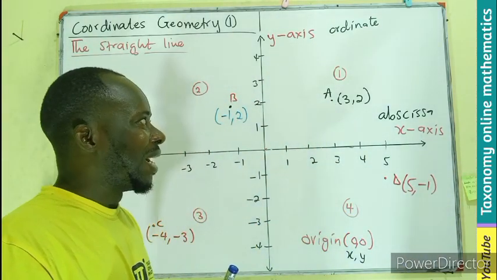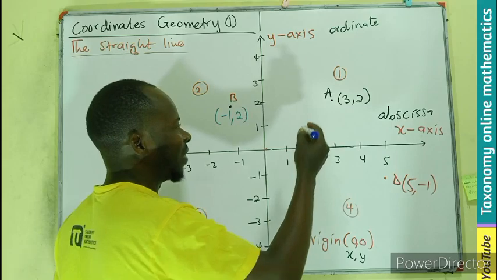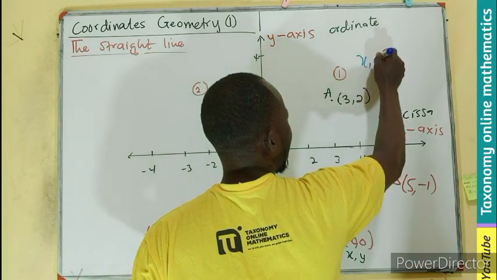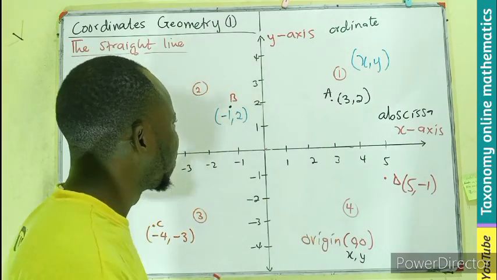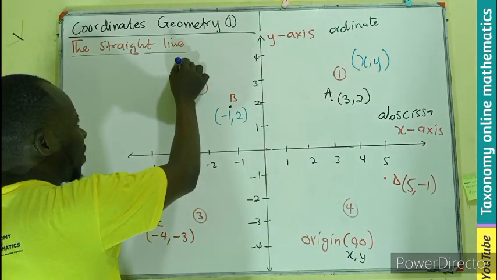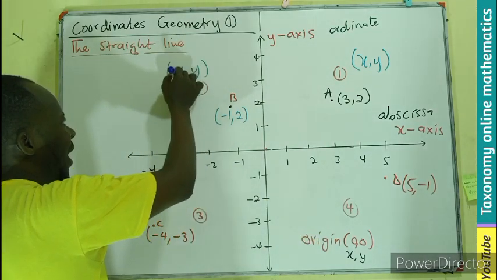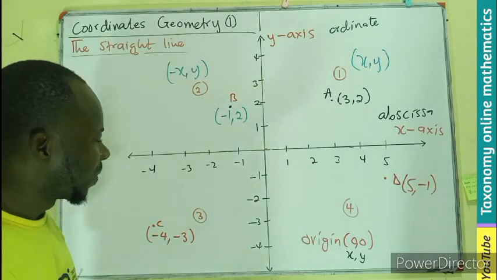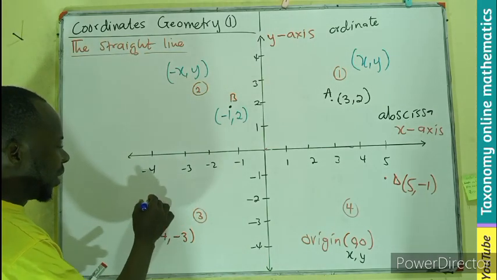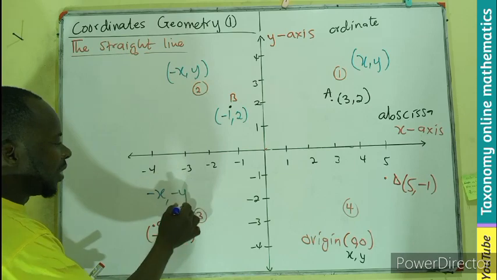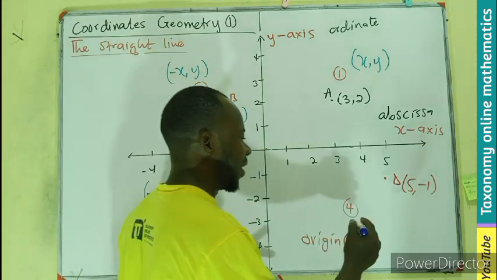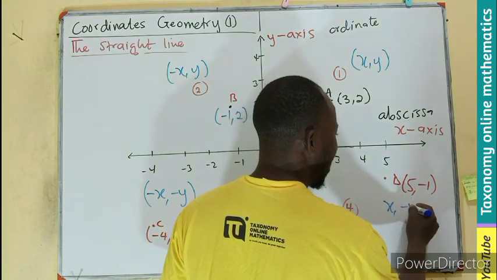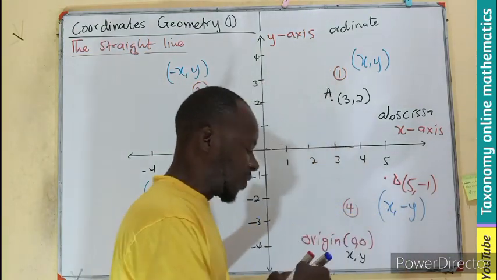So if you want to identify, you can see that I have x, y, both being positive in the first quadrant, then -x, +y in the second quadrant, then -x, -y in the third quadrant, and +x, -y in the fourth quadrant.